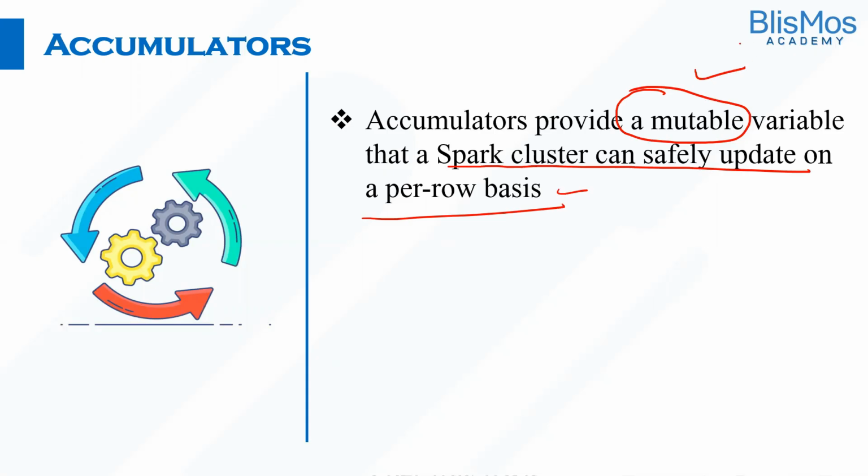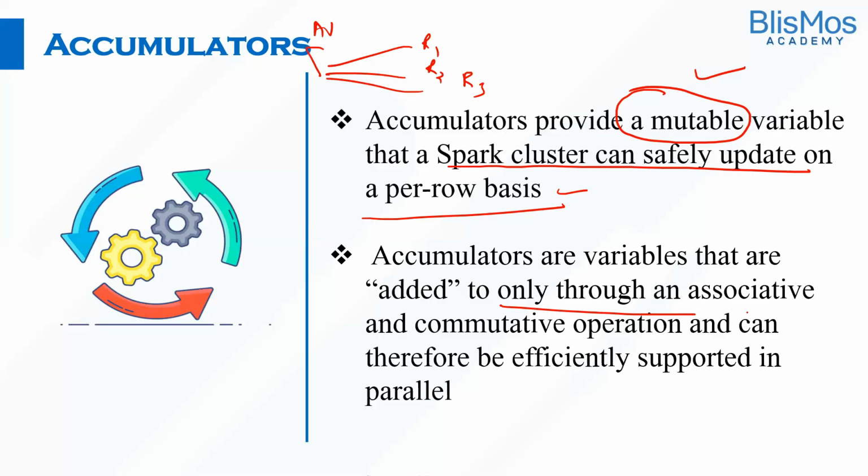I am saying a mutable variable. As we have seen, most of the core data structures of Spark are immutable. But in this case, we are making a variable mutable so that all the results from the different executors can be updated to the accumulators.